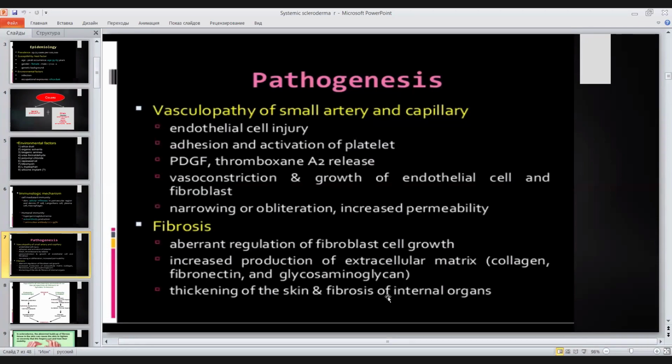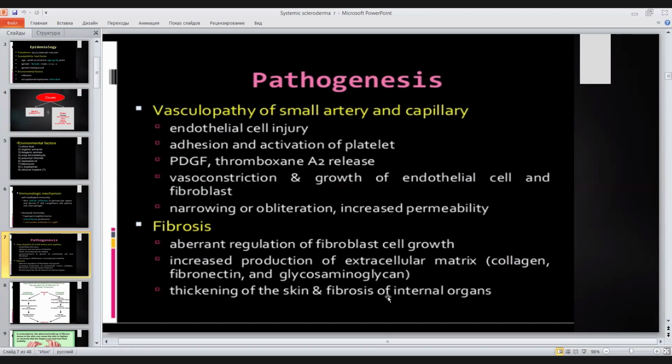In systemic scleroderma, you can say there is one big word which characterizes this disease: fibrosis. Fibrosis of the endothelial part of small vessels, fibrosis of skin, fibrosis of internal organs.